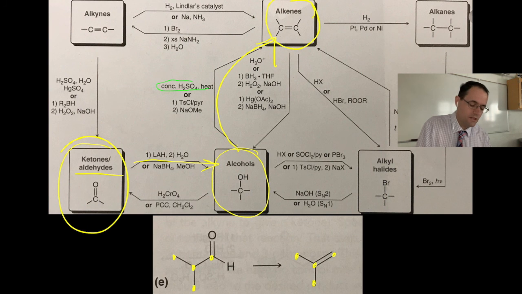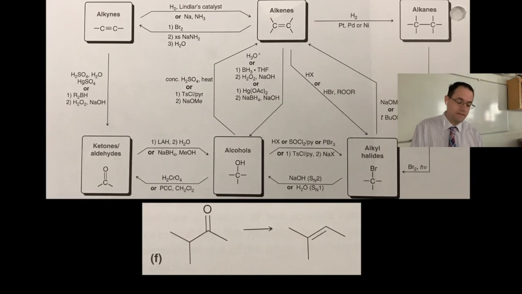We've seen previously how concentrated acid and heat can convert alcohols to alkenes. Now, how do we go from an aldehyde to an alcohol? Either of these two conditions or reagents will work. I'm going to just choose LiAlH4 and water this time. Okay, so that will get my primary alcohol, and then I can add acid and heat to give me the alkene.